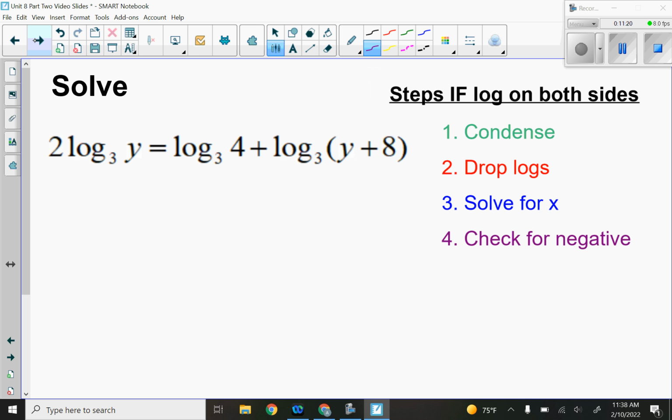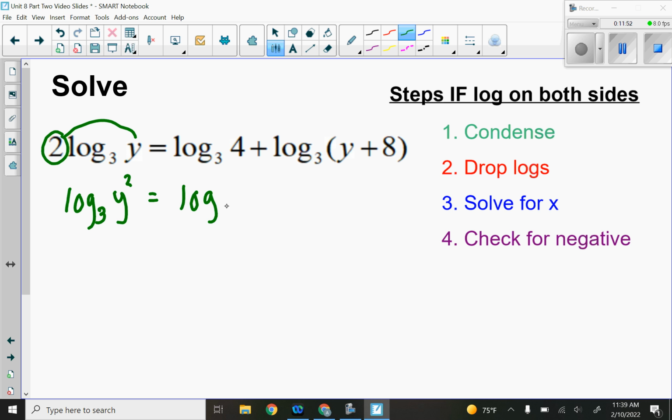Here is another example where we need to condense. In this one, on the left side, we can use our power property to move that 2 as an exponent. So log base 3 of y squared equals, on this right side, we can use our product property.